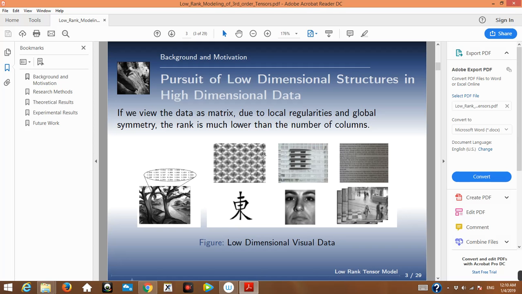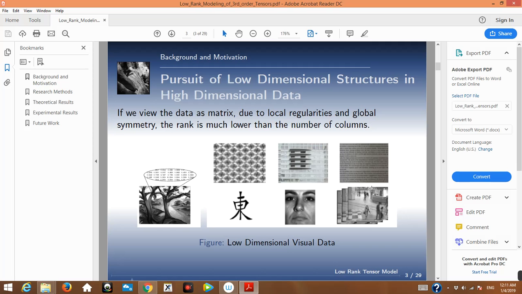So if we use a matrix to represent this image, this matrix should have a very low rank. And if we look at this human face or this image, we know that those matrices should also have a low-rank structure.